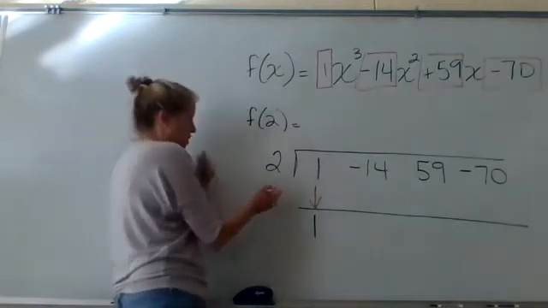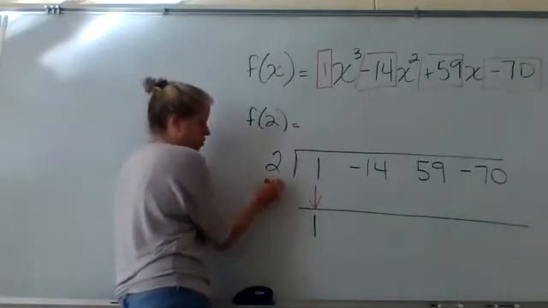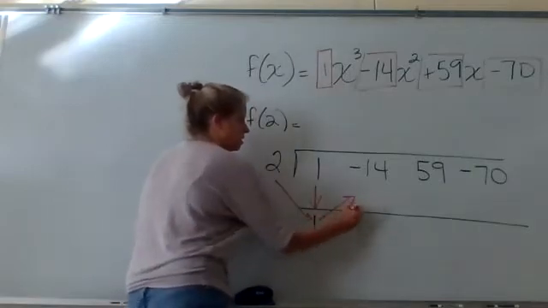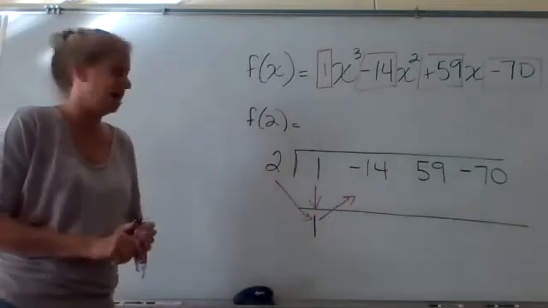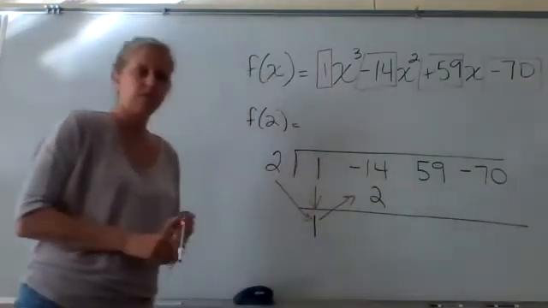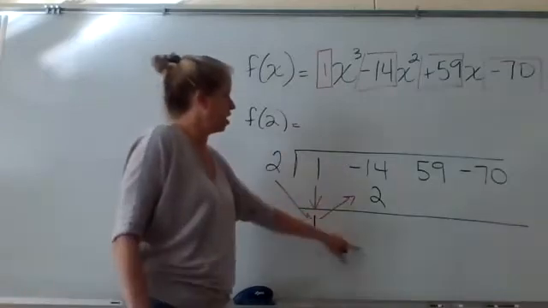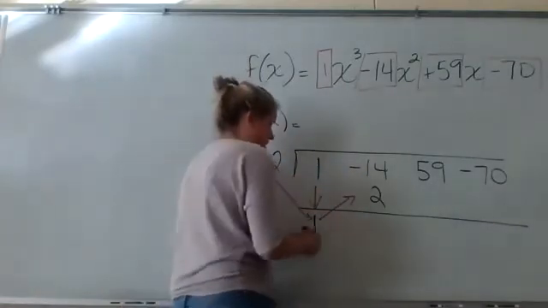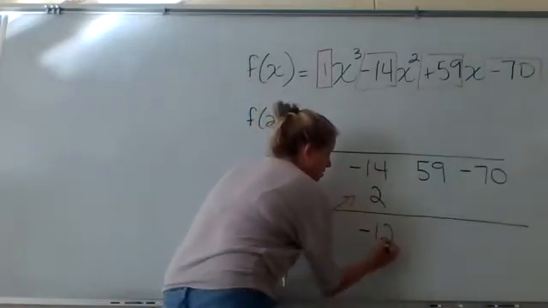Then you're going to start this multiplication process. Whatever is out here, which is 2, multiply it times that 1. Put your answer in the next spot. So 2 times 1 gives me 2. Then I'm going to add this straight down. Negative 14 and positive 2 gives me negative 12.